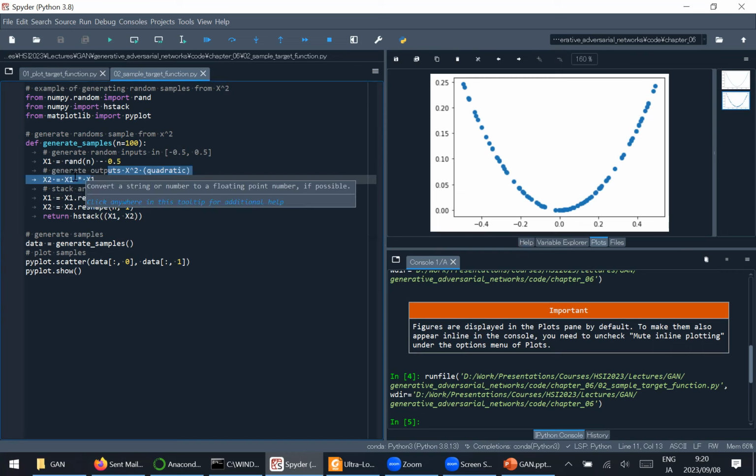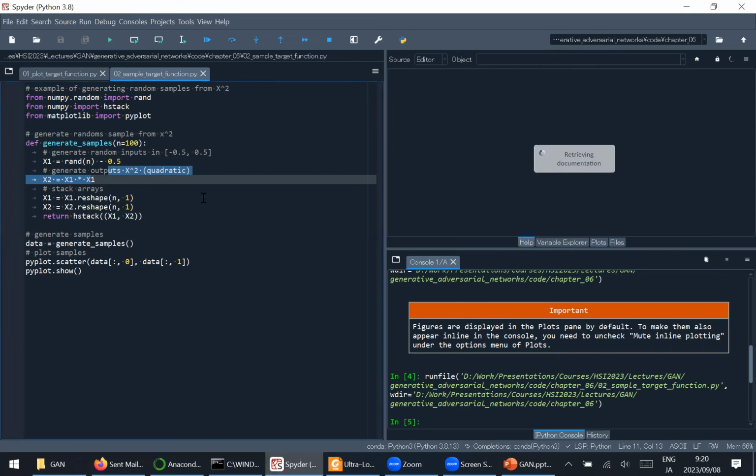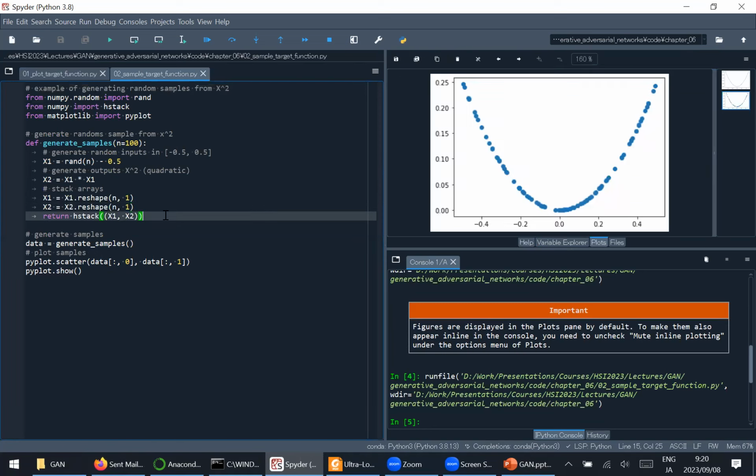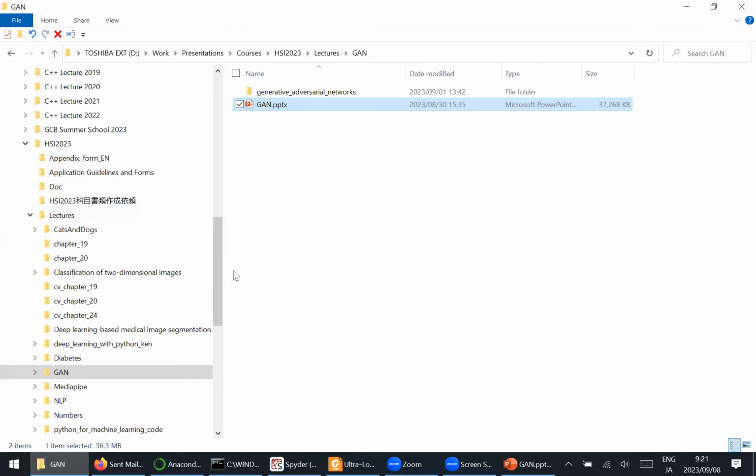Right, this is the formula here. Oops, what happened? Convert string. Oh, sorry. Okay, so yeah, maybe I should, what's the book? The book.